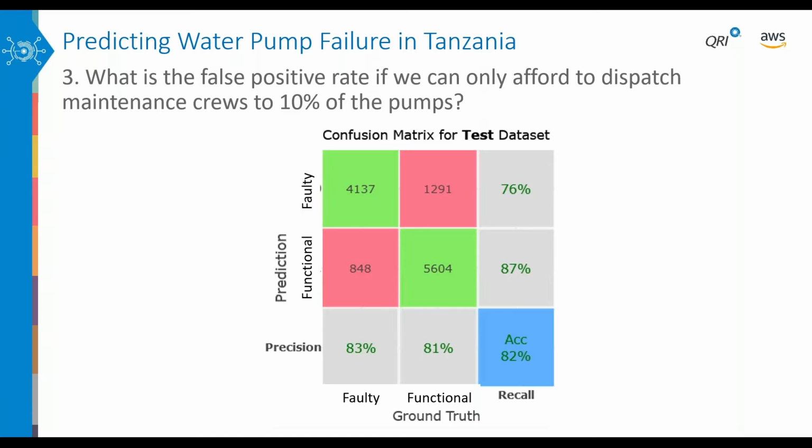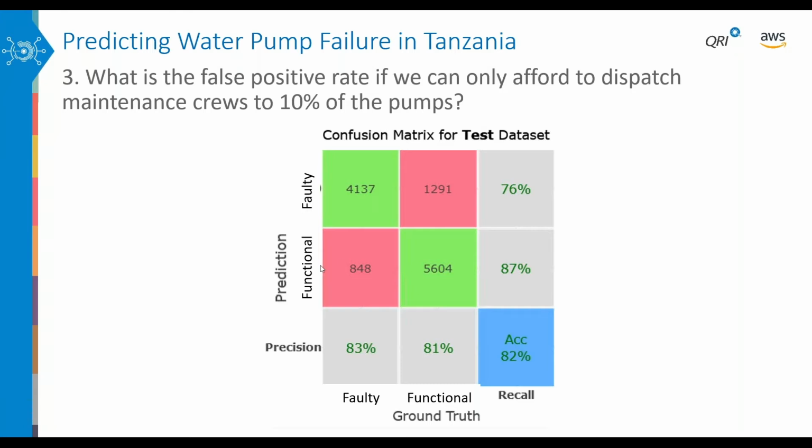On the other hand, suppose I am restricted by a tight budget constraint. In this case, I might dispatch crews to only those pumps with an 85% probability or higher of being in disrepair. We can visualize the error profile associated with a particular decision threshold using a confusion matrix.